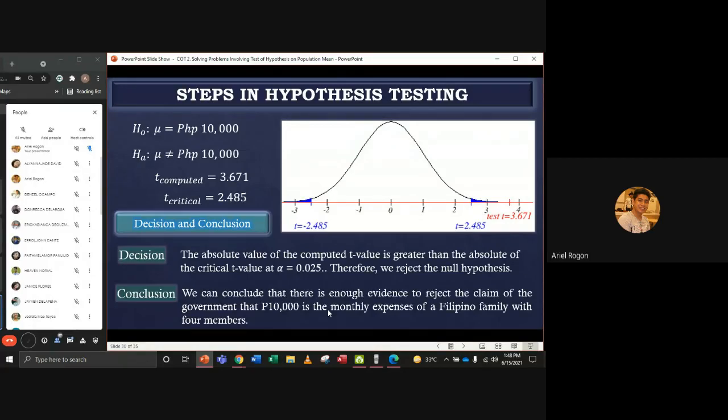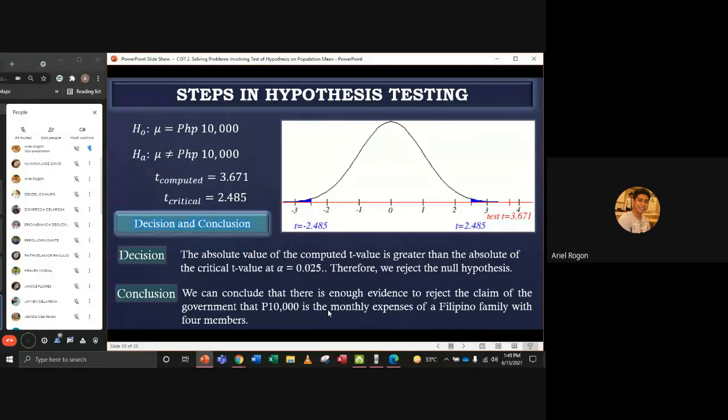Bakit kaya hindi tama yung claim ng government na yung monthly expenses is 10,000? Can you cite some examples? The possible reasons na kaya ni-reject yon. Ibig sabihin, yung claim ng government na 10,000 yung monthly expenses is not true. Because ano yung reason, class?